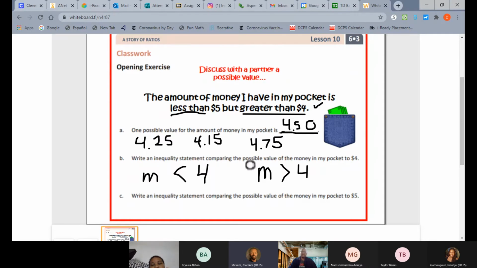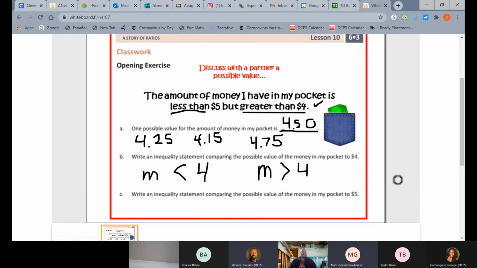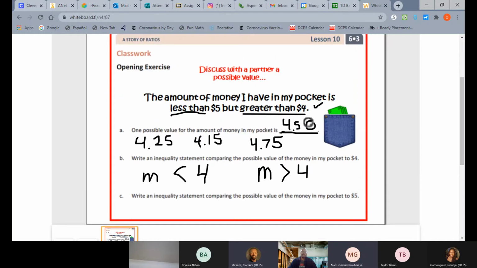Which inequality do you think we're going to use? Well, is the money less than 4 or is the money greater than 4? How much money does the money have? Ah, that's a great question.